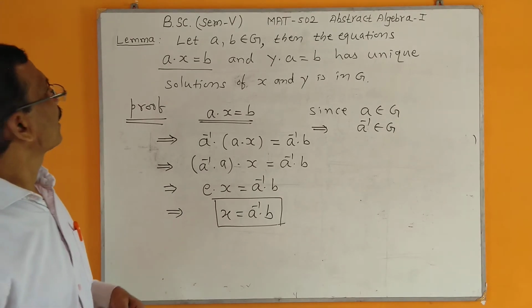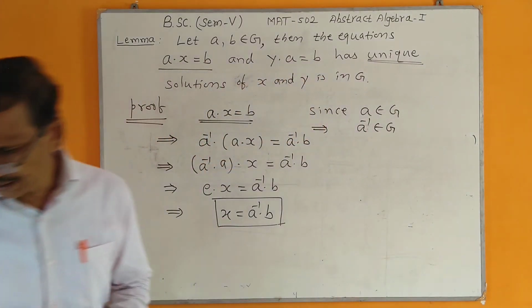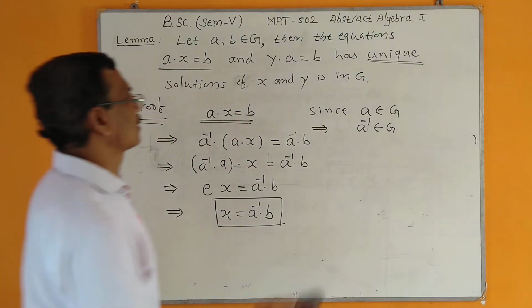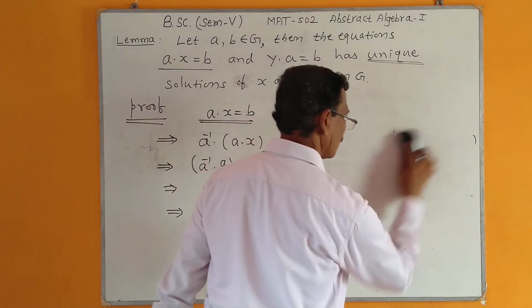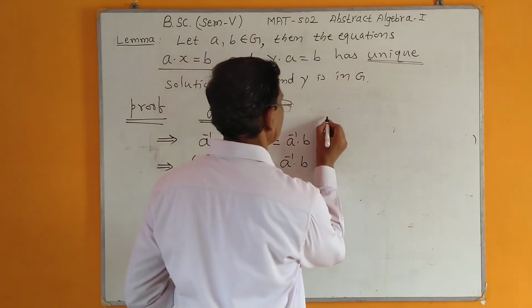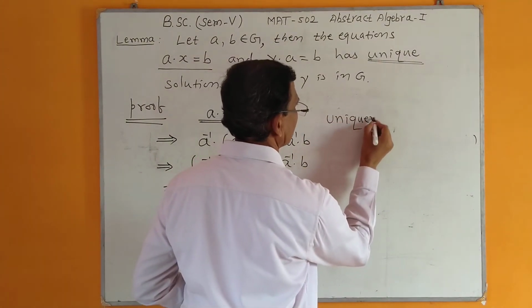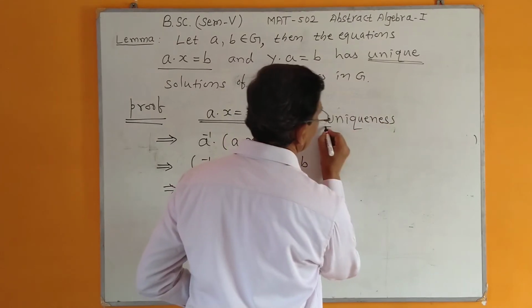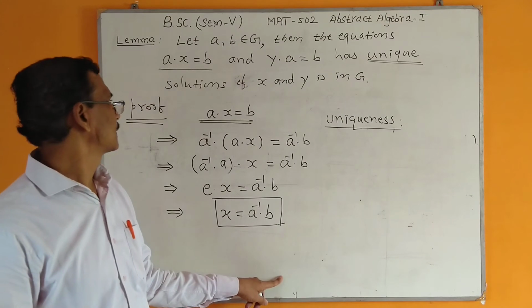But we have to prove that this solution is unique. If the solution exists, it is unique; there is no other solution. To prove the uniqueness, we shall assume that there exist two solutions.